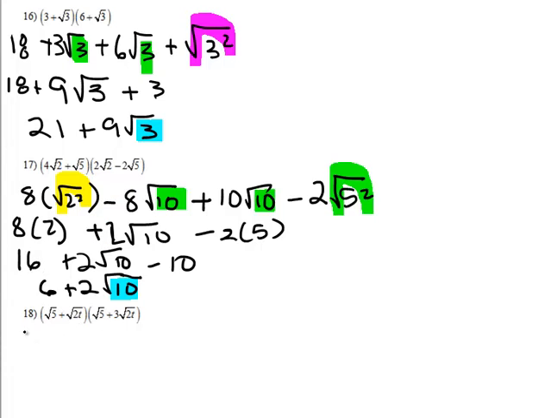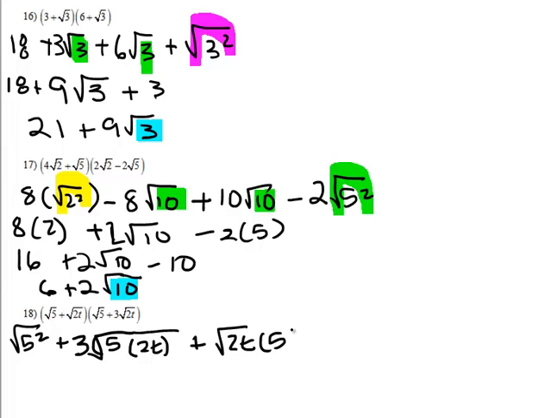So here I have the square root of 5 squared plus, let's do the outer one, 3 times the square root of 5, sorry, that was times 2t, plus, let's do the middle ones, the square root of 2t times 5, plus the square root of 2t squared.